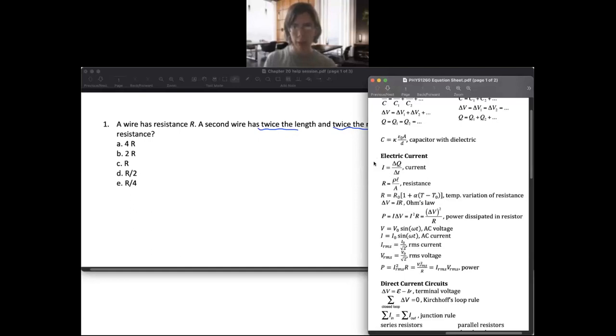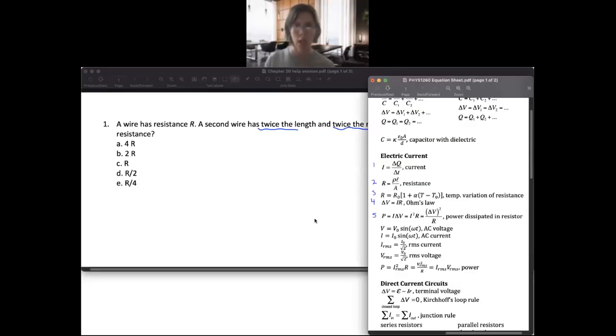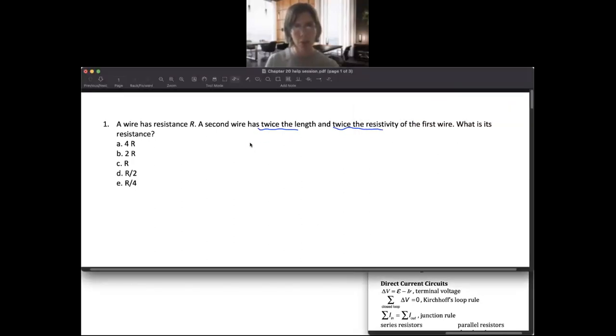We can just number them 1, 2, 3, 4, 5, etc. All right, so it is the second one, right? It talks about resistance. R equals rho L over A.